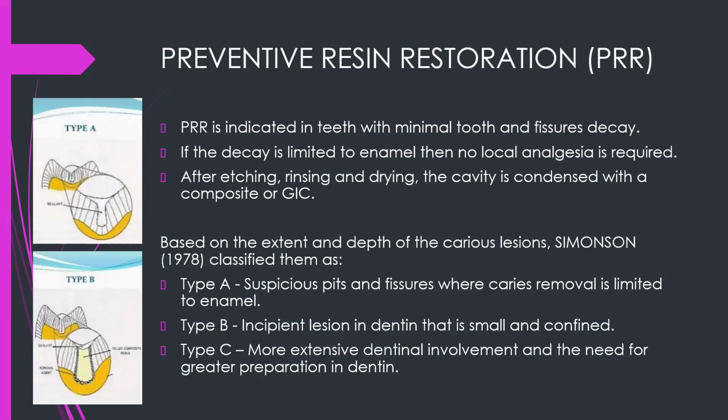Now we come to the next, that is preventive resin restoration. It is indicated in teeth with minimal pit and fissure decay. If the decay is limited to enamel, in that case, you are etching, rinsing, and drying and restoring with a composite restoration or a GIC or a pit and fissure sealant. You can also use a fissurotomy bur.